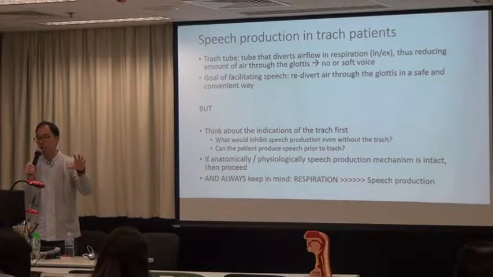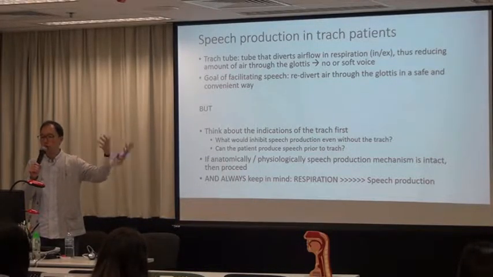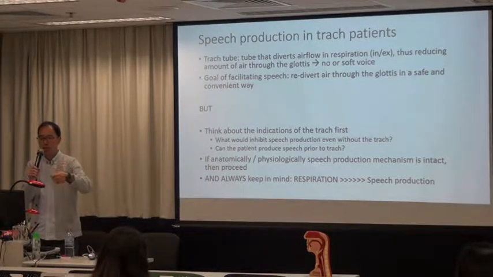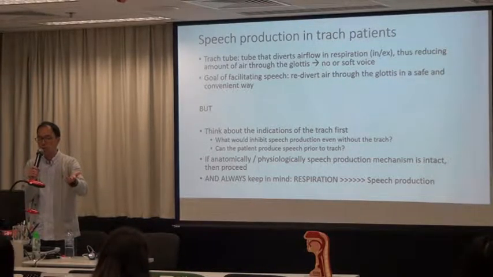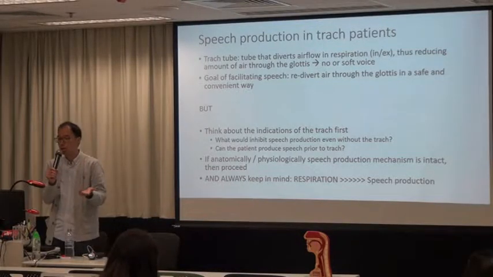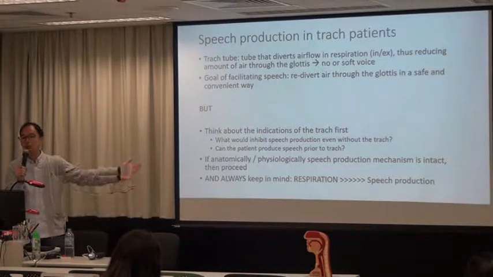Not a lot, very few of them, but we have seen one. The patient was non-communicable long before the operation. And then we get a referral asking us to help the patient talk. That's just absurd, right? Because it's not a problem of phonation. It's a problem of communication. So just keep that in mind. Not everyone with a trach can talk.